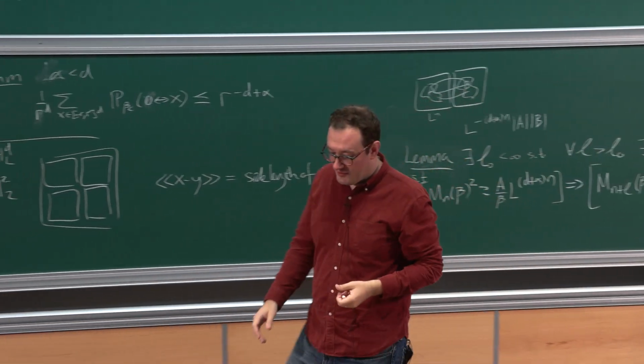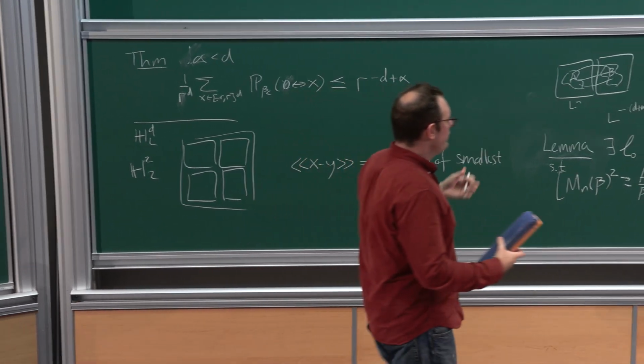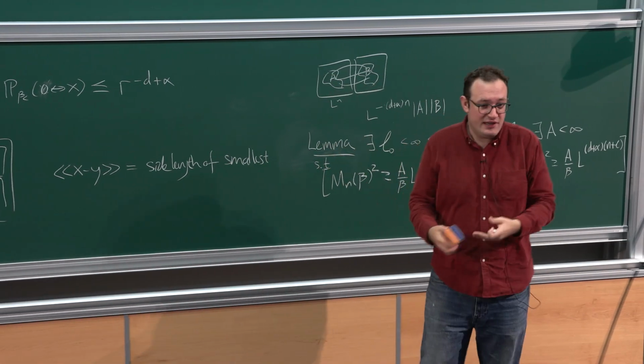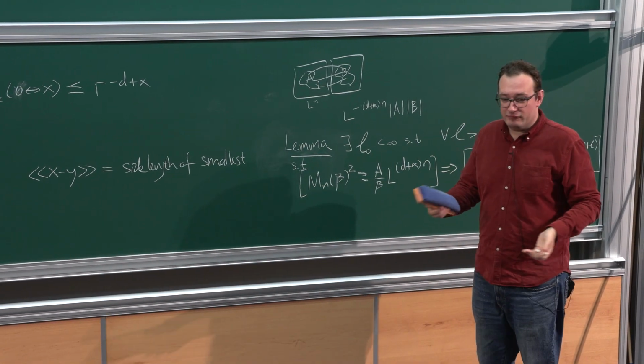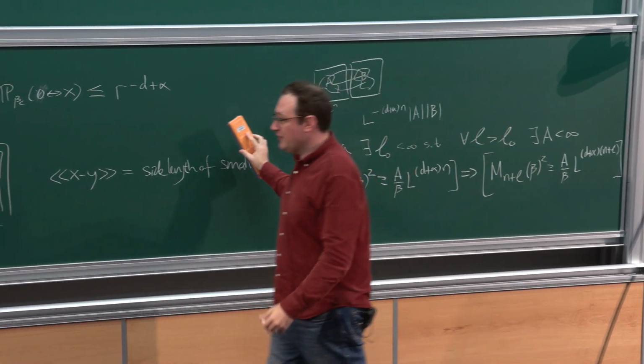Okay, and now we're basically done. This event that we've constructed has probability much higher than the threshold we need for the median.